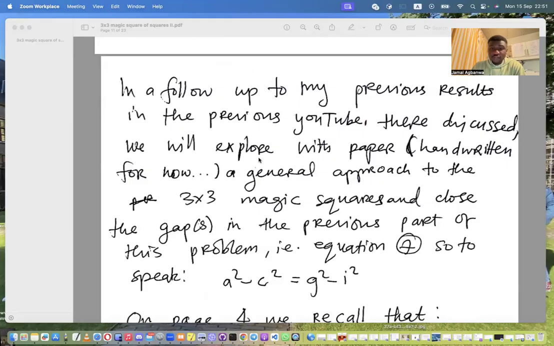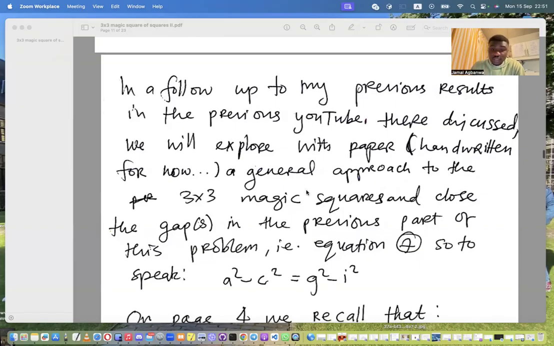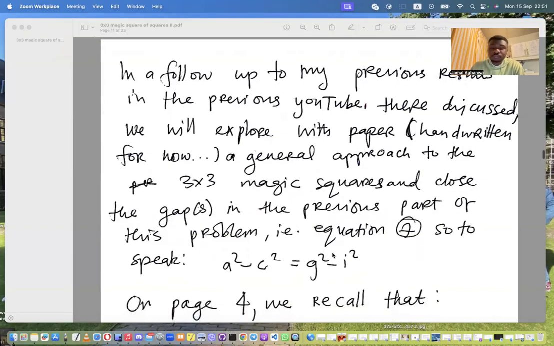As a follow-up to my previous results, as I've written over here, we will explore, on paper, a general approach to the 3 by 3 magic square of squares and close the gaps in the previous part. That's equation 7, which was this particular equation.